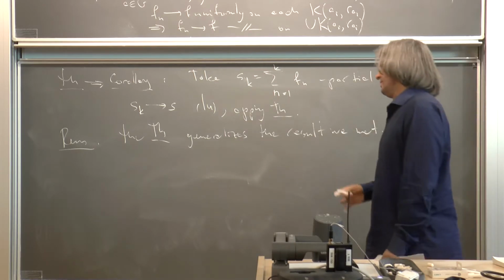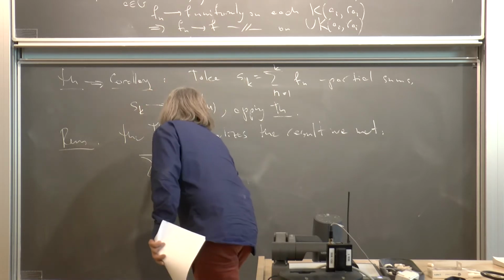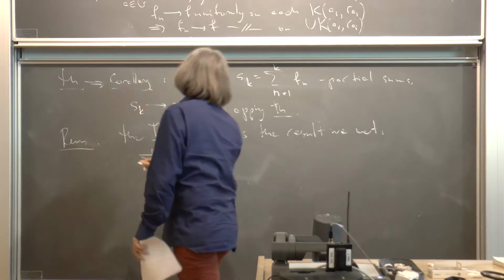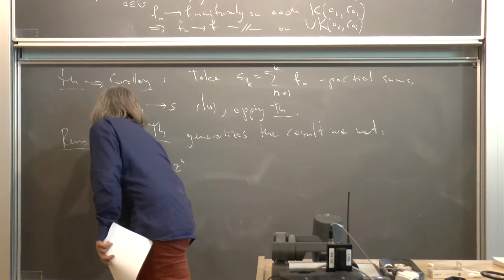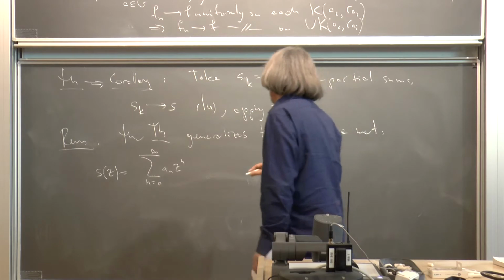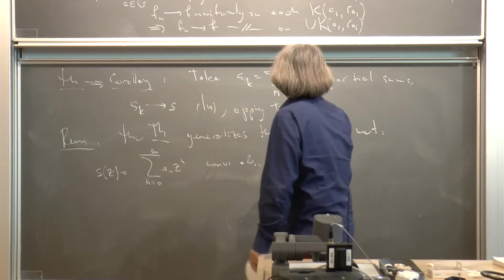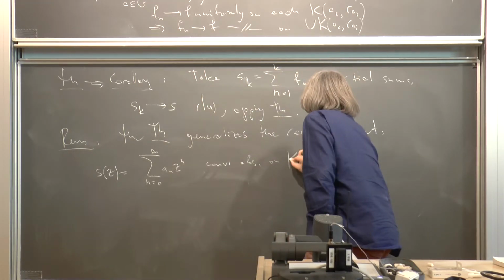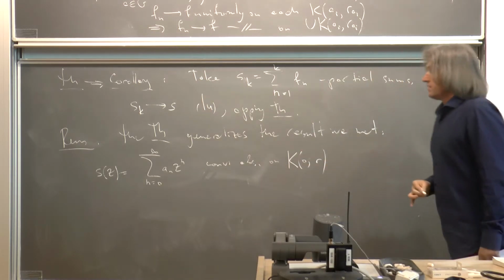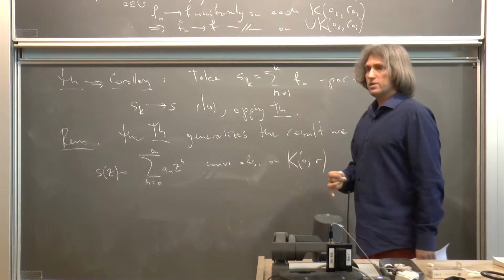Remember that if we have a power series, and this sum is called S of Z, and it converges absolutely on the disk K0, if you think about what it means, it in particular means that it converges locally uniformly.